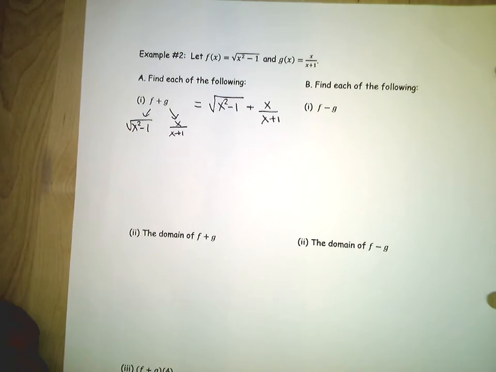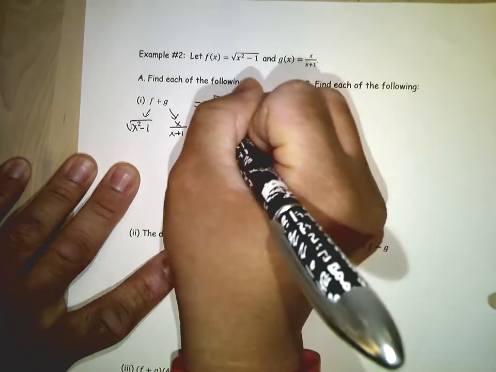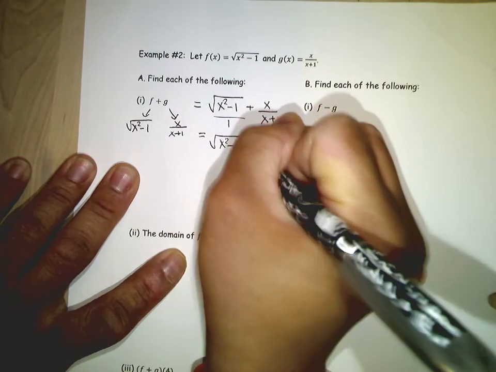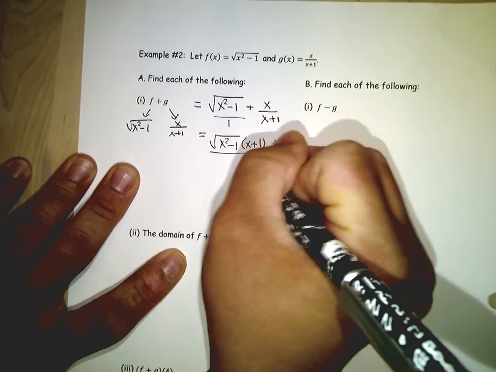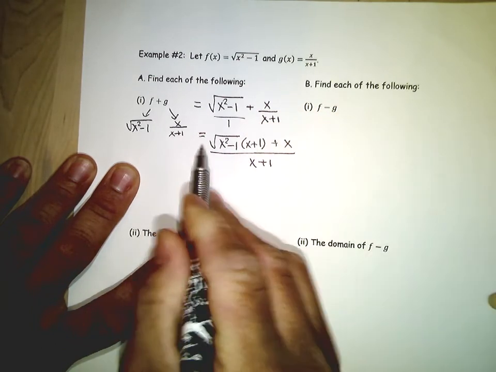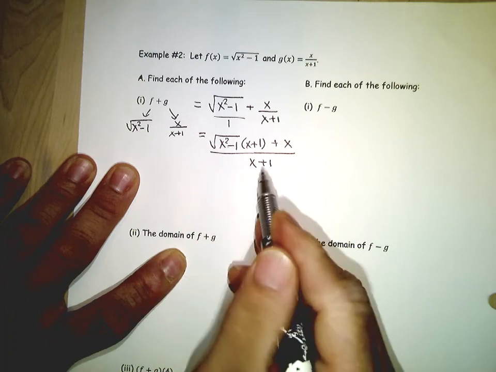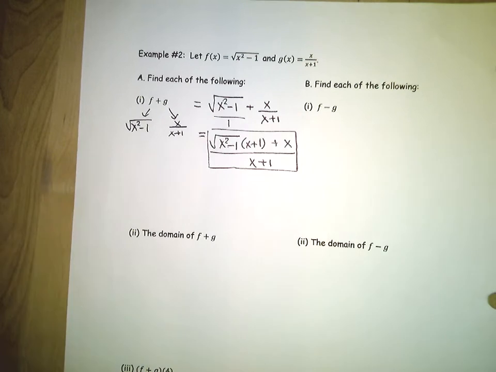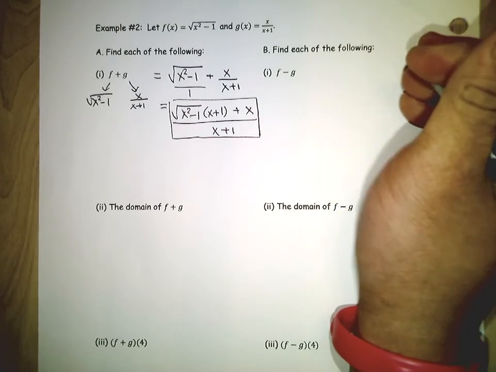If you want to find a common denominator, you can, and that would just be writing this over 1 and multiplying by x plus 1. So we're left with square root of x squared minus 1 times x plus 1 plus x over x plus 1. Again, a common denominator isn't necessarily going to help much in this type of problem here.